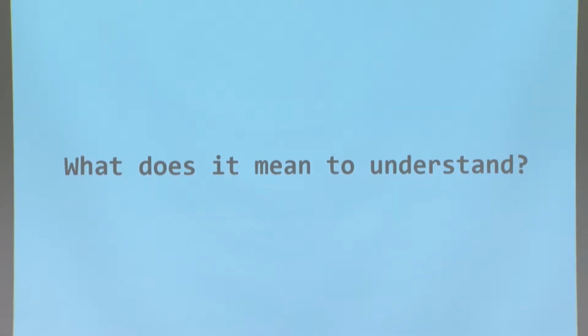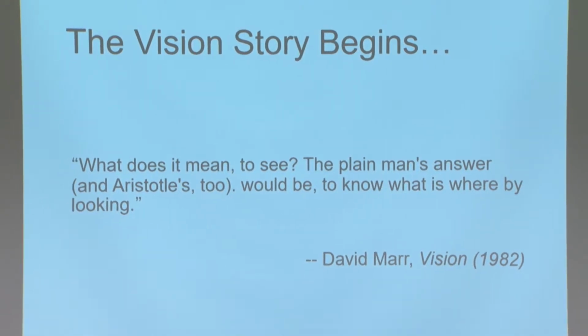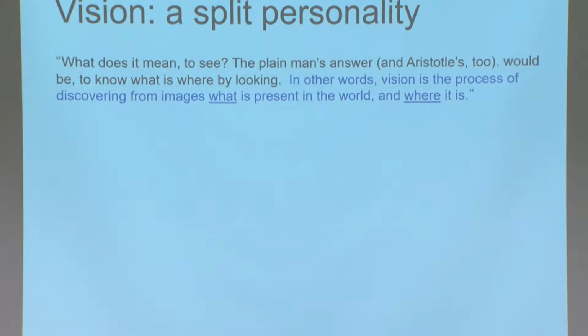What does it mean to say a system understands? That takes us to how the vision story actually began with some of the early work on computer vision. David Marr, one of the pioneers of computer vision, stated it as basically we would want to know what and where by just looking at an image or looking at where the robot is.